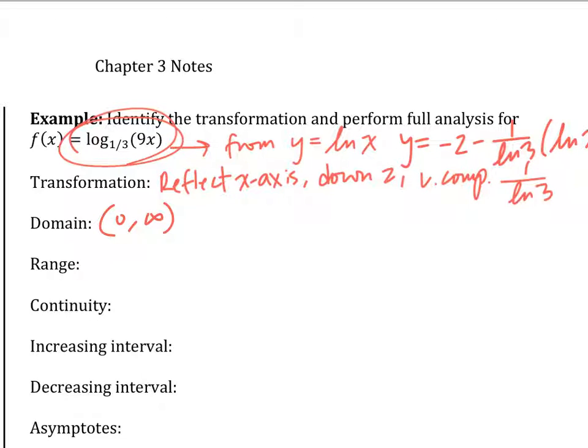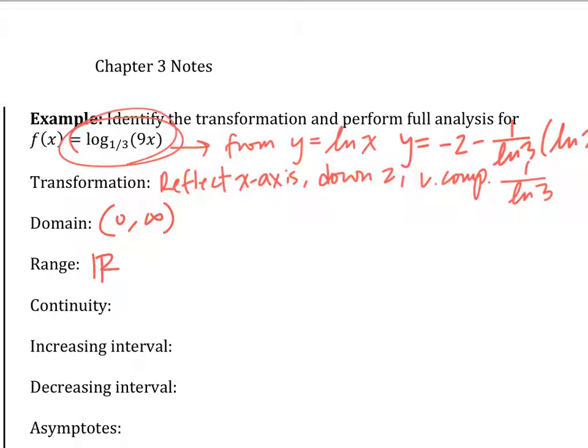Y less than -1. No, not less than -1. How about McKenna? All real numbers. Yes. Remember, all of your logs are all real numbers all the time for range. So your graphing calculator is not showing the whole thing. It's stopping here, but it does go straight down.